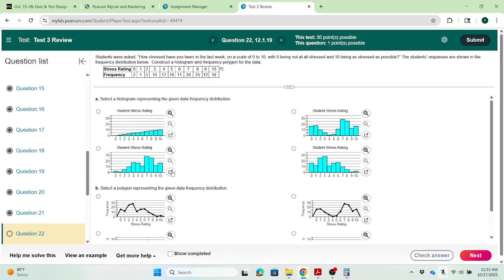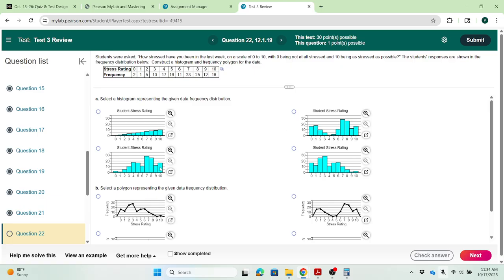At 10 there are 16, at 8 there are 25, and the most one is 7, which is 28. This is not right, because it keeps increasing, but that's not the case. You now have two more choices.